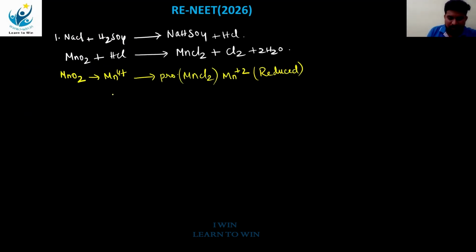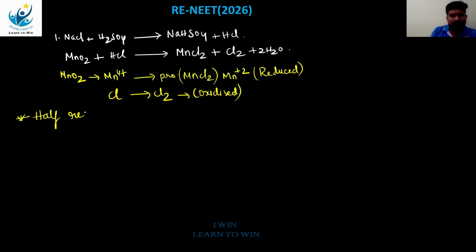But if you look at the chlorine, Cl changes to Cl2, so that is oxidized. But the statement is saying Mn will be oxidized. No, my dear students, Mn is not oxidized here. It is reduced. If you want proof, I'll give the half reactions. 2Cl minus gives Cl2 plus 2 electrons.